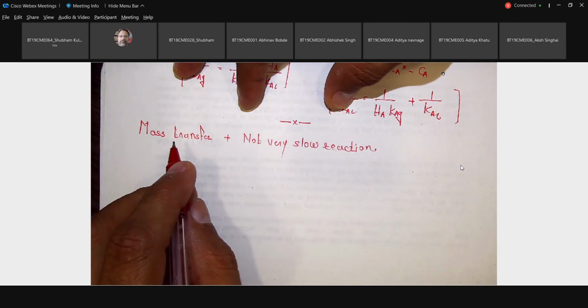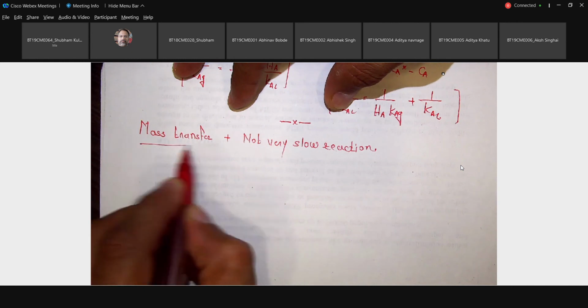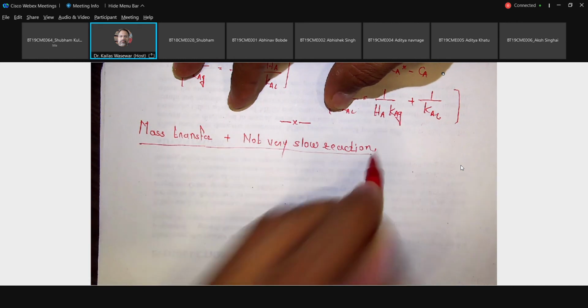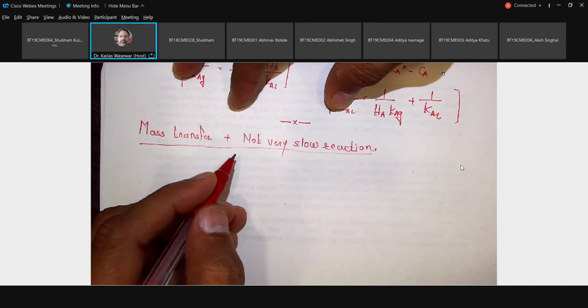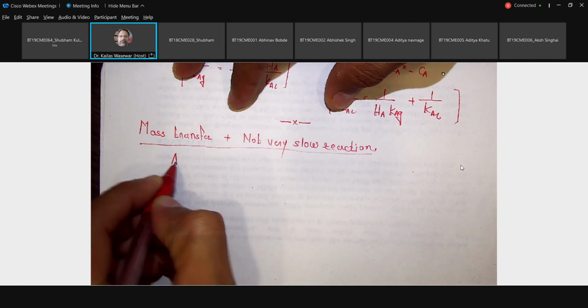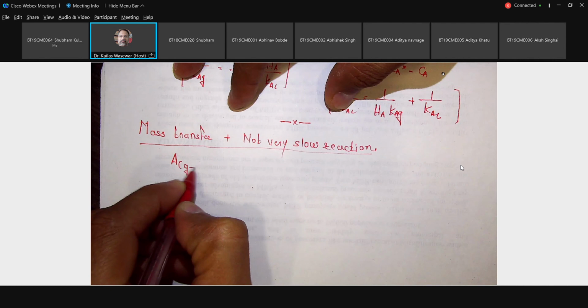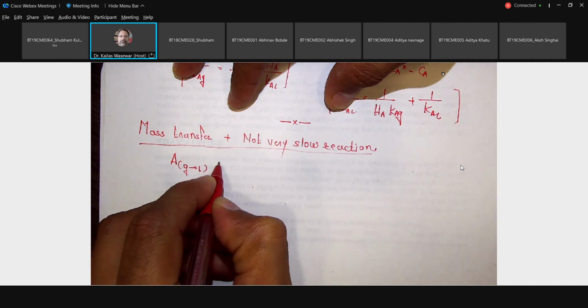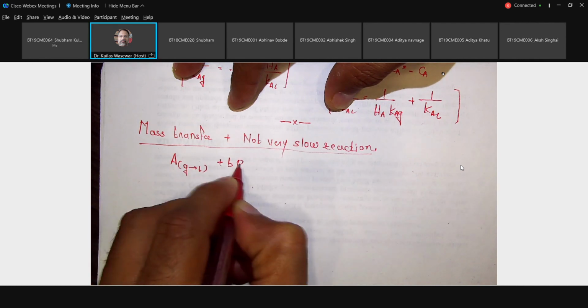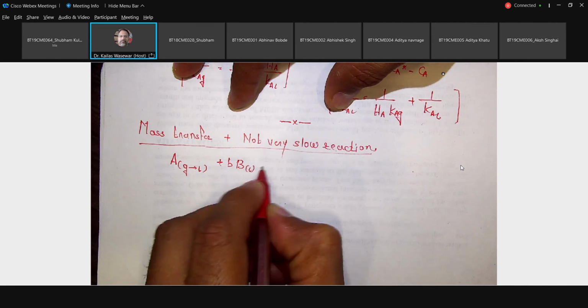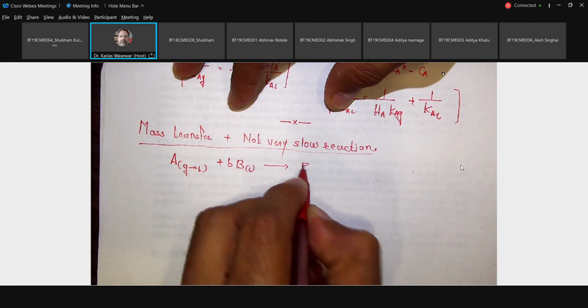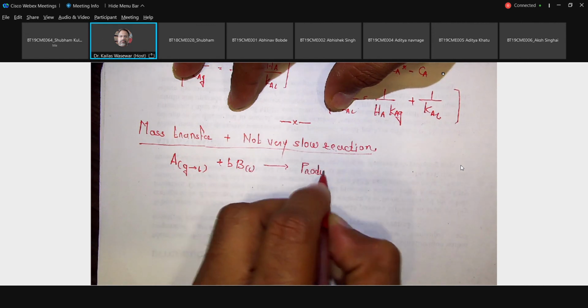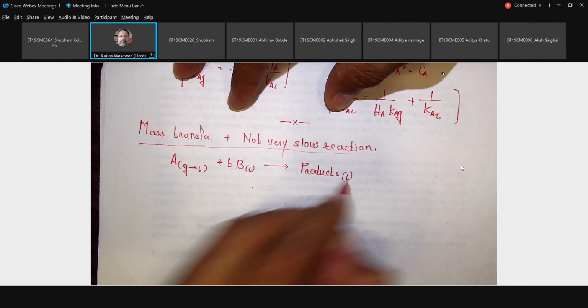That means the reaction is fast, but not so slow that A enters the main body of the liquid. So A gas will transfer to liquid plus B, which is already in the liquid, giving the product which is in the liquid.